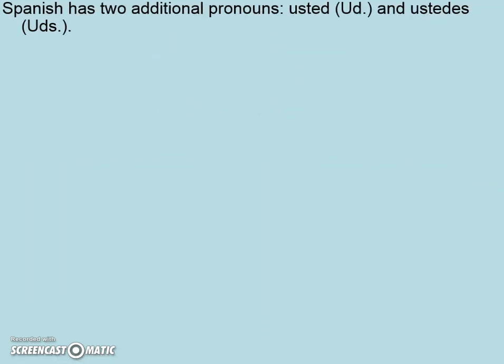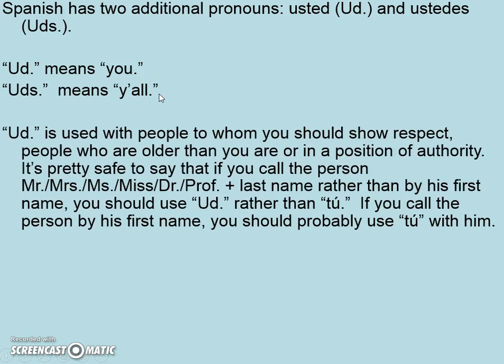Okay, Spanish has two additional pronouns, usted and ustedes. Okay, usted means you, and ustedes means y'all. However, usted, you're probably thinking, well, I thought we just said that tú means you.